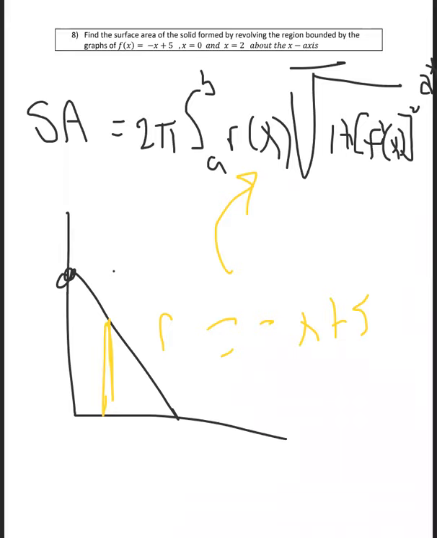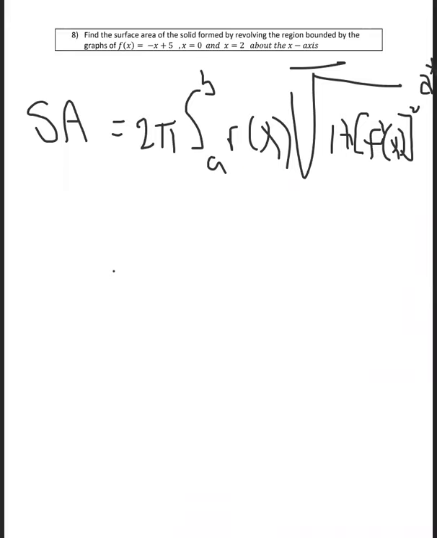Actually, let me only erase some parts so we can use the formula as a reference. The first thing I'm going to do, you don't need to graph these. You don't need to graph the arc length either. I just graphed the circle one because it really helps you picture what you're looking for. But really you just need f prime of x, and then square it. And this one is actually pretty simple. F prime of x in this equation, we already have f over here, that's just -1.